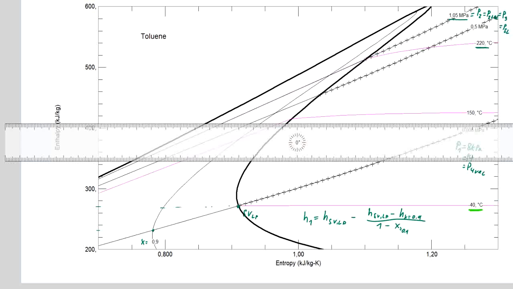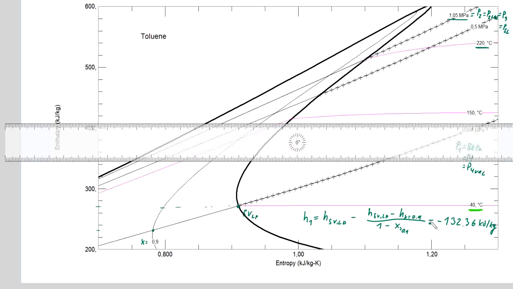And if you get the precise value, which could also be obtained from some property functions for the known quality of 0 and this pressure or this temperature, you would get a value of minus 132.36 kilojoules per kilogram.